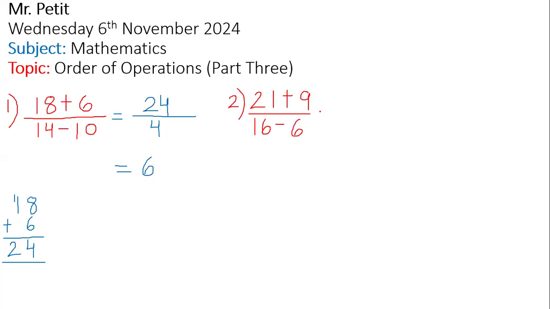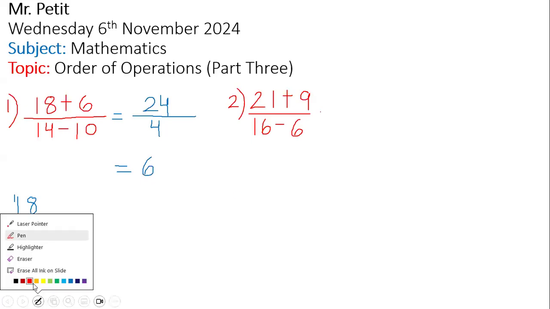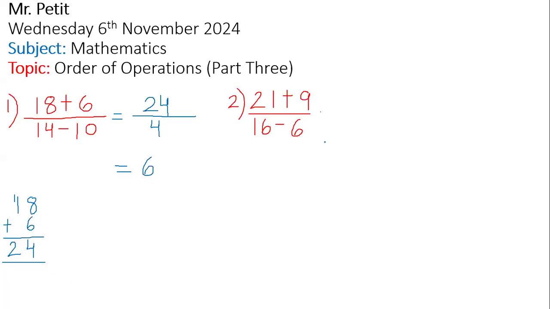It's going to be equal to what? What is 21 plus 9? 30. All over what? 16 minus 6 is 10. And 30 divided by 10 is? 3. Is 3.